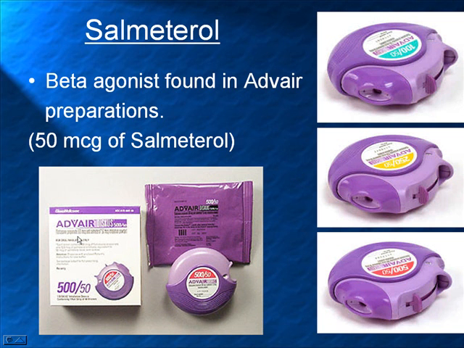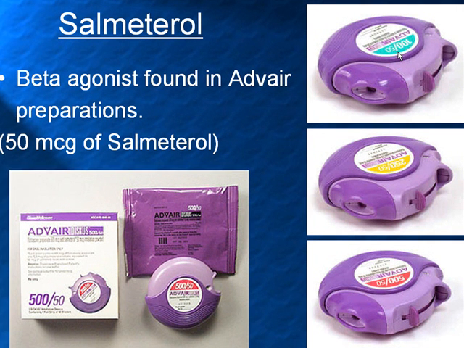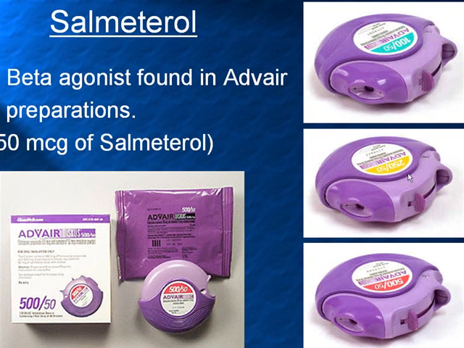So you get the benefit of both anti-inflammatory activity and bronchodilation. And Advair is packaged in 3 different formulations, 100, 250, and 500, although you'll see that it's 50 in all cases. You're only getting 50 of Salmeterol, and what's actually changing is the amount of corticosteroid is being increased.